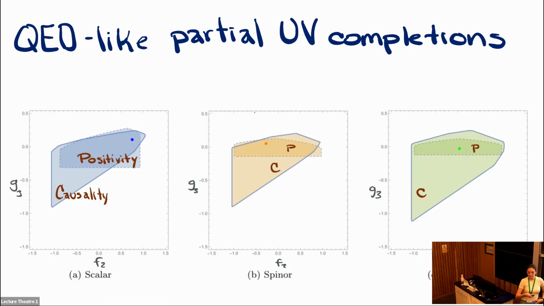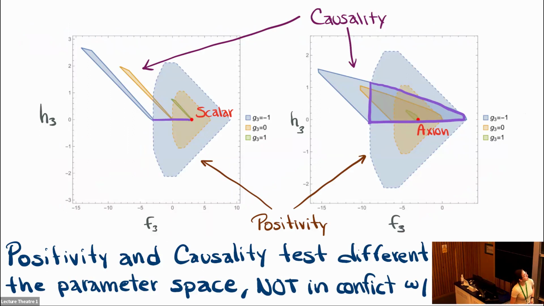So it's nice. But more interestingly, in some cases, like in slices where there's a partial UV completion of a photon interacting with a scalar or with an axion, and you integrate out the scalar or axion, you find that there's a complementarity between imposing causality bounds and positivity bounds. So they basically give different regions of bounds, and if you combine them, you find a very, very small region, like only this line or only this triangle over here.